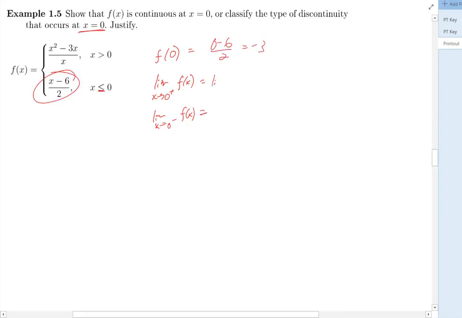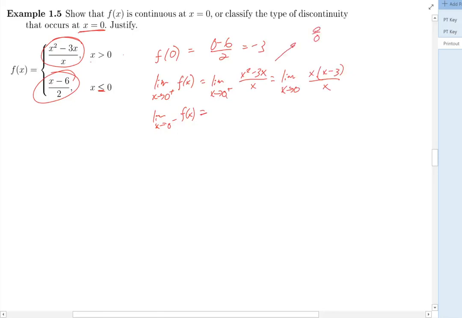For x goes to 0 plus, the way I like to do a piecewise limit, and maybe you can do this in your head, but this is, I think, the most proper way of showing it, is I would first state, well, if x is approaching 0 from the right, then you're going to use the definition of the function that's to the right of 0, which is this. And then, if you plug in 0, you get 0 over 0.